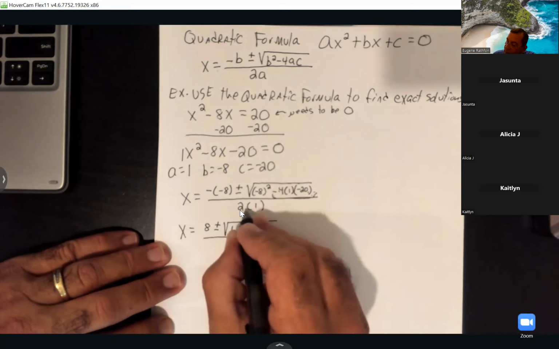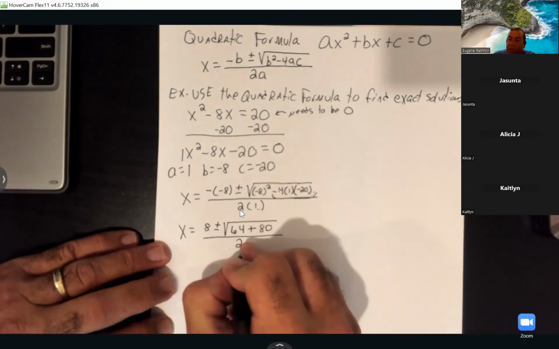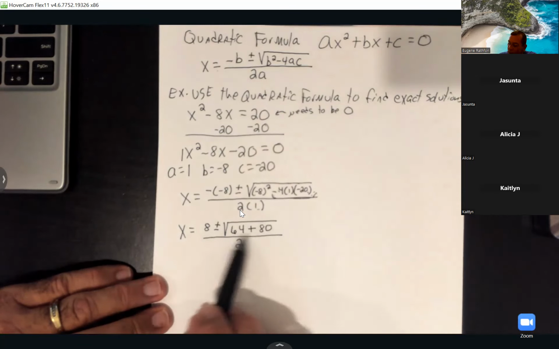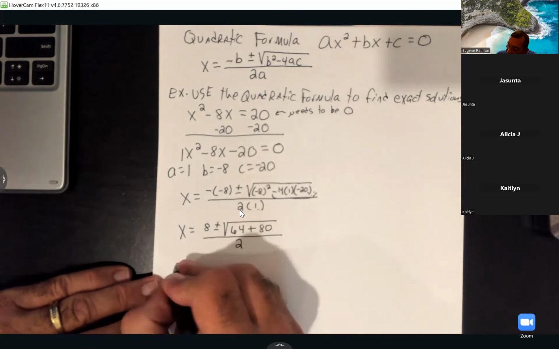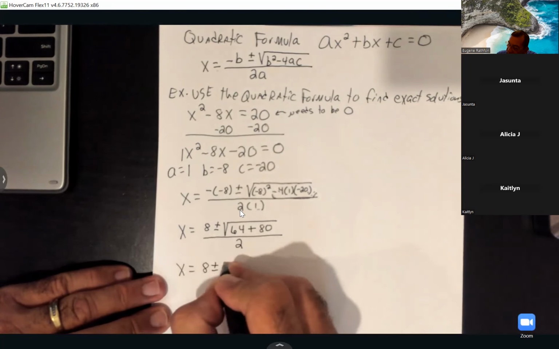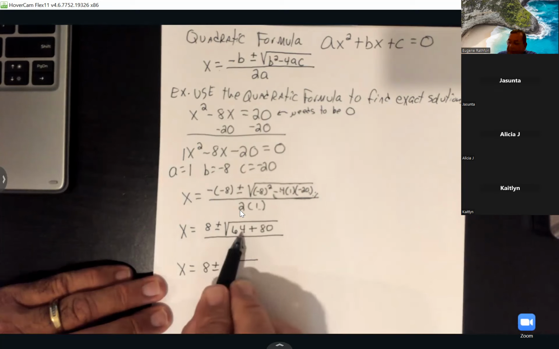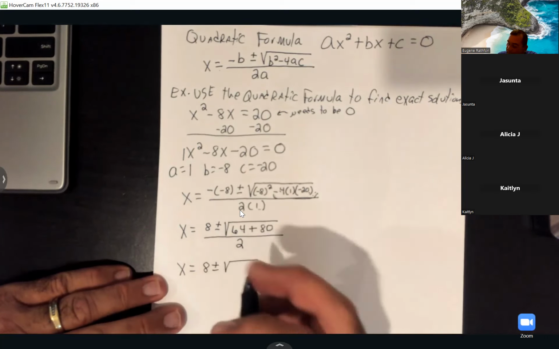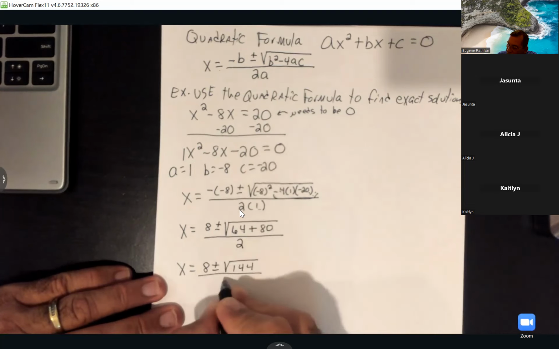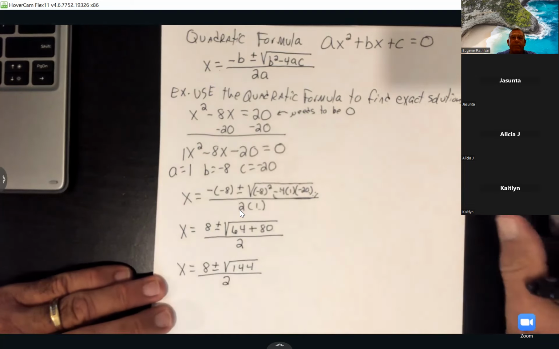All of that over 2 times 1, which is 2. All right, so I can still work under my radical. So I'm going to bring down my 8 plus or minus square root. 64 plus 80 gives me 144. All of that over 2.